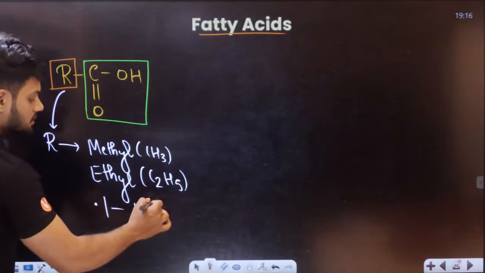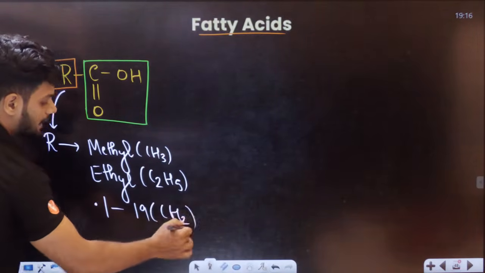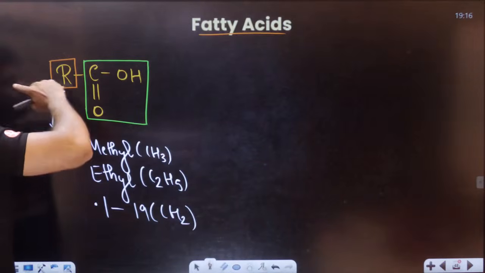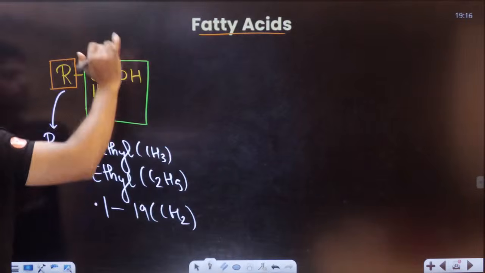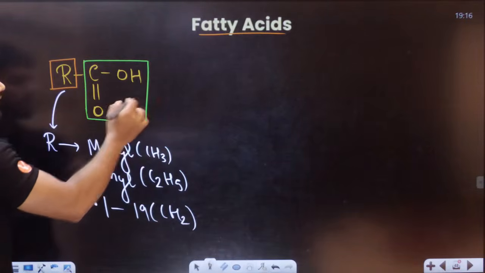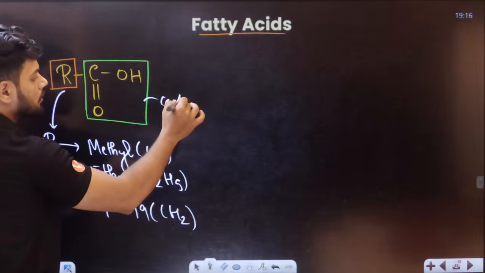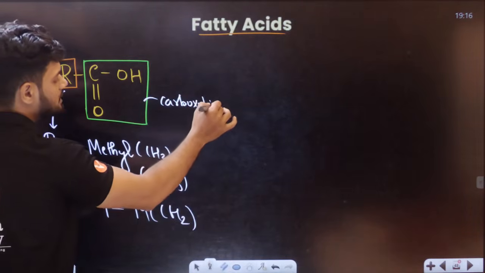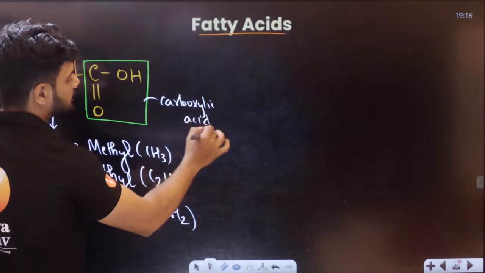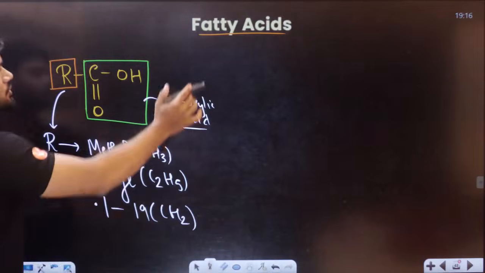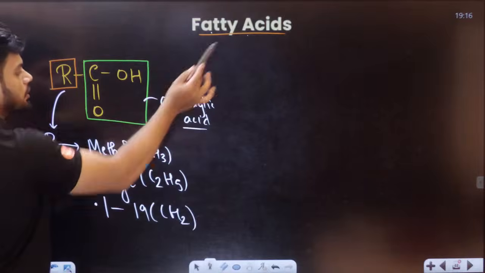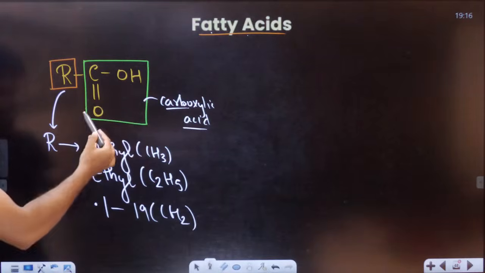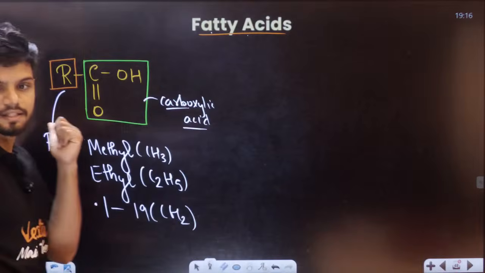It can be a long chain of 19 carbons or 16 carbons. When we add a carboxylic acid along with this, we get the fatty acid, students. It is called fatty because of the functional group, acid because of the carboxylic acid. That is why it's called fatty acid.